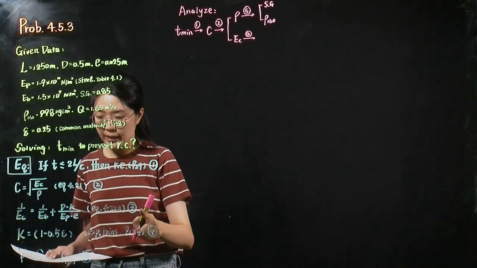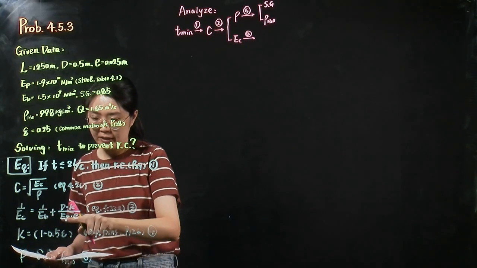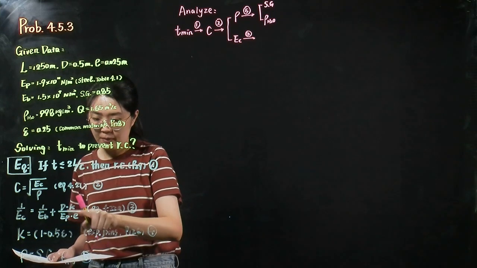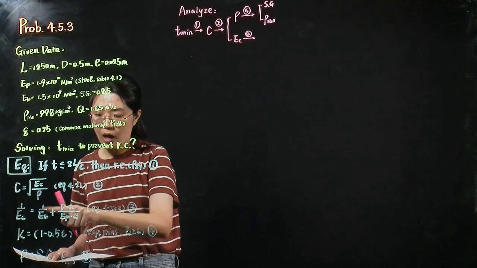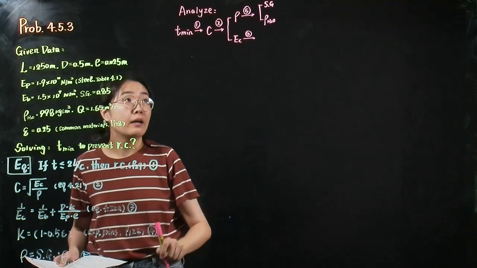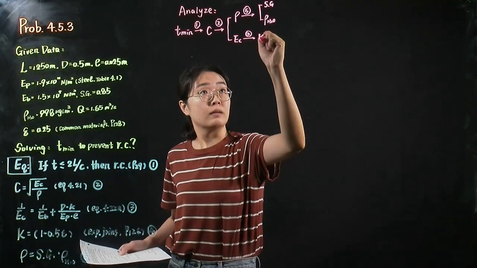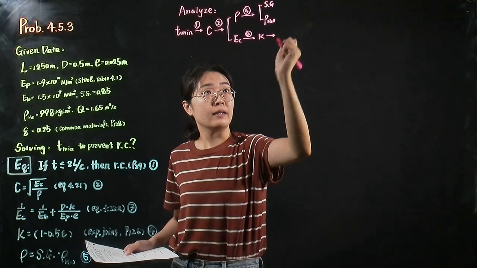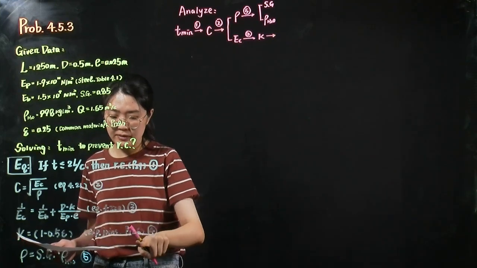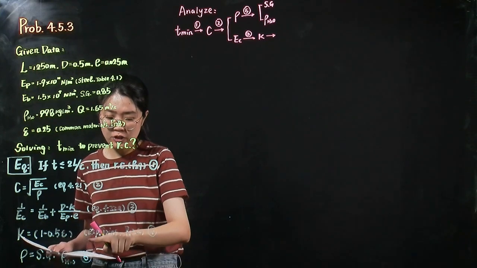In equation 3, the elasticity of the oil, the elasticity of the pipe, the thickness of the pipe, and the diameter are all given. The only unknown is the constant K. For constant K, we can use equation 4, because this pipe is anchored by expansion joints.